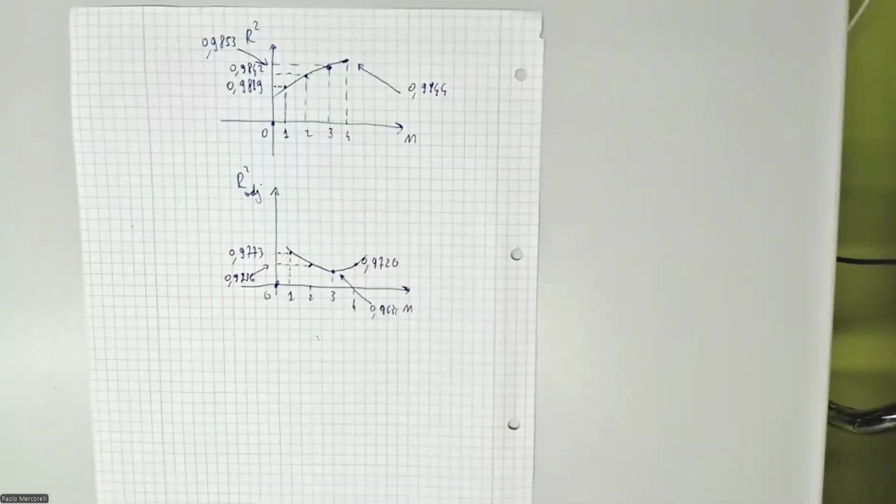But typically the goal is to minimize R squared adjusted, because if we minimize just R squared, remember, we end up in overfitting, because R squared does not consider the stochastic error.